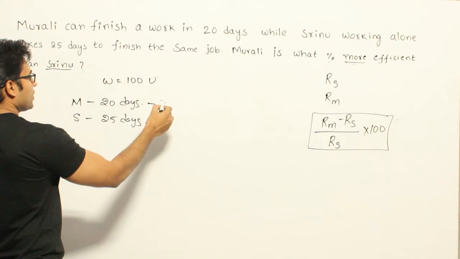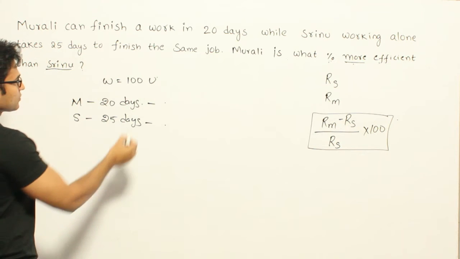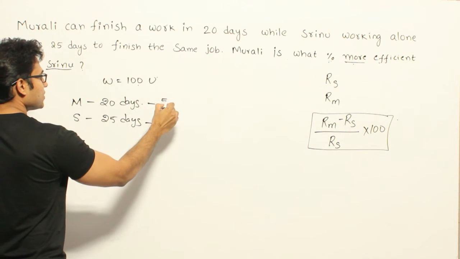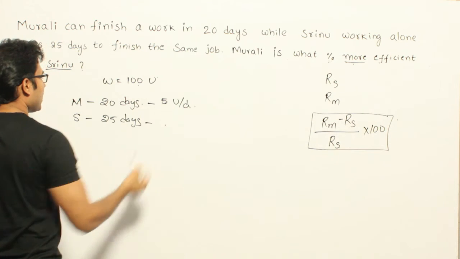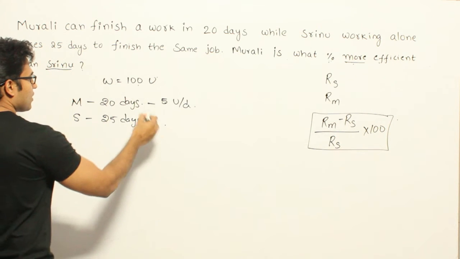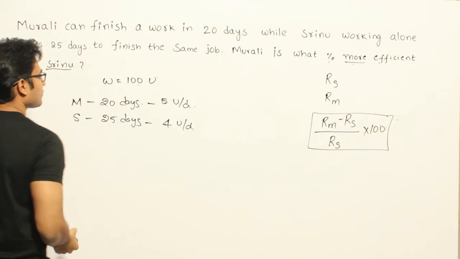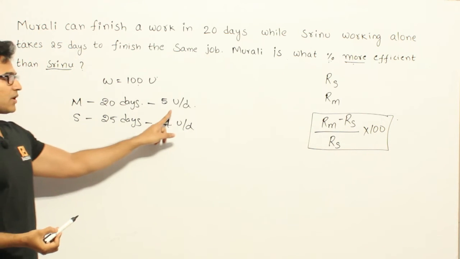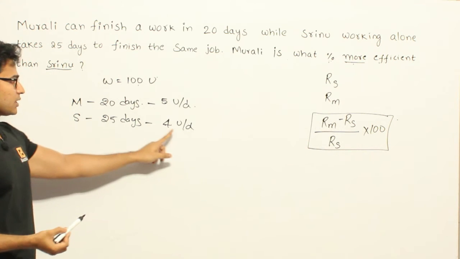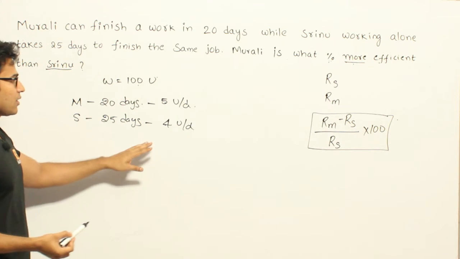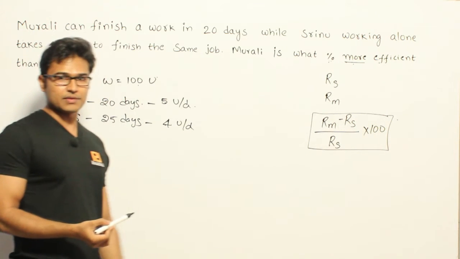Now you can find that the rate at which Murali is working is 100 by 20, which means 5 units per day, and the rate at which Srinu is working is 100 by 25, which means 4 units per day. Got it? So Murali is working at 5 units per day and Srinu at 4 units per day. Now you can directly place it over there and get the answer.